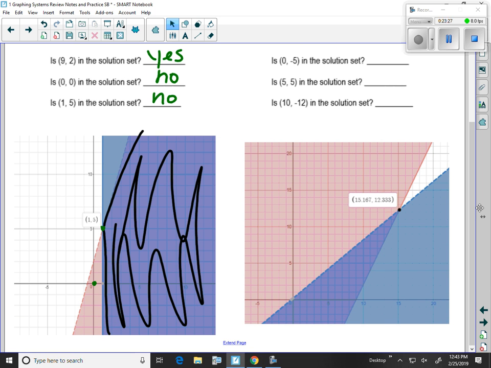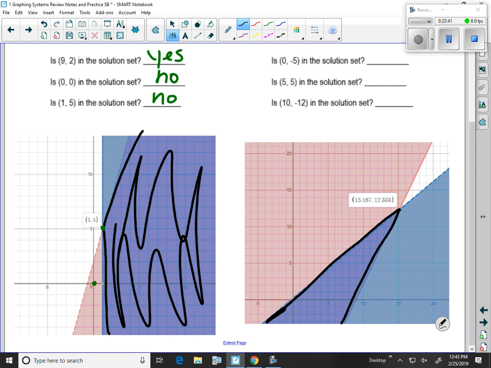Okay, this is what you should see. You seeing the same thing as me? Okay. Now, you want to find the overlapping region, which is right here. This is our solution area. Okay, this guy right here. So, is the point 0, -5 in that solution area?